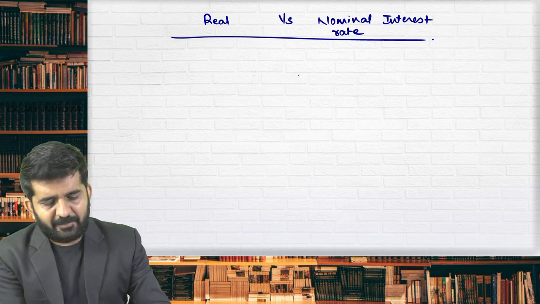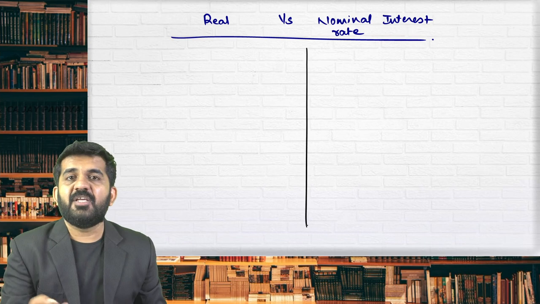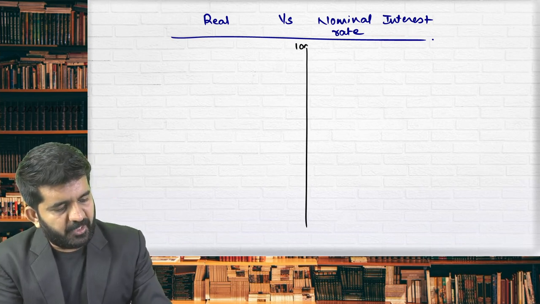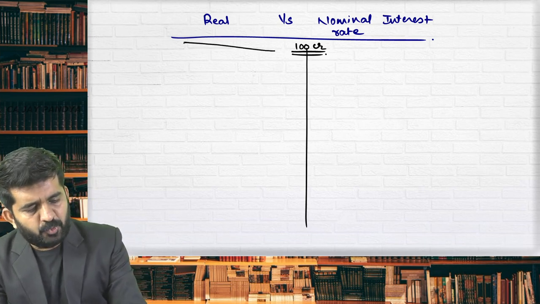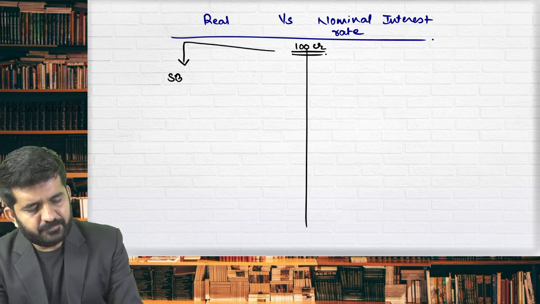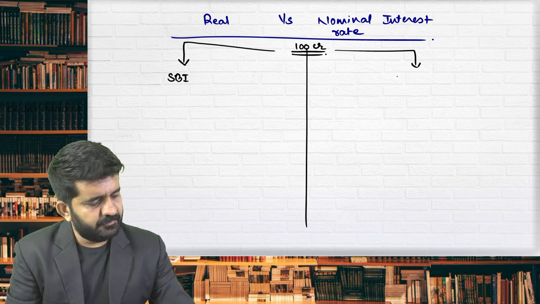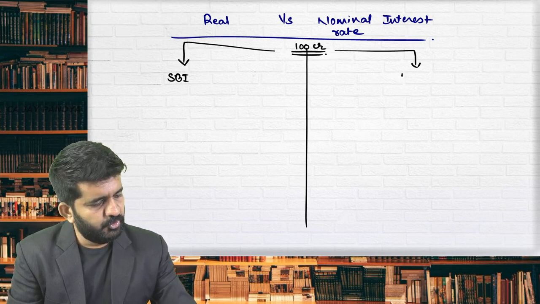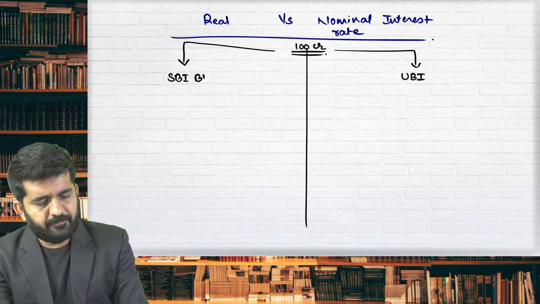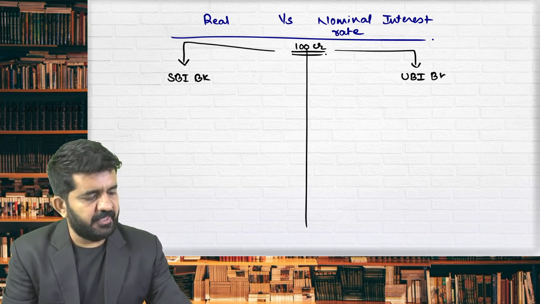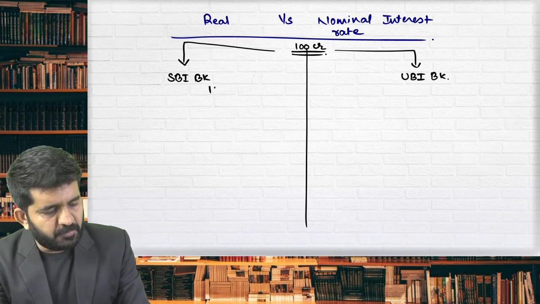Try to understand, I am having 2 banks and I am having say 100 crore rupees in my pocket. I am either going to invest in SBI Bank or going to invest in UBI Bank as a fixed deposit. The rate of interest SBI Bank gives me is 10%.